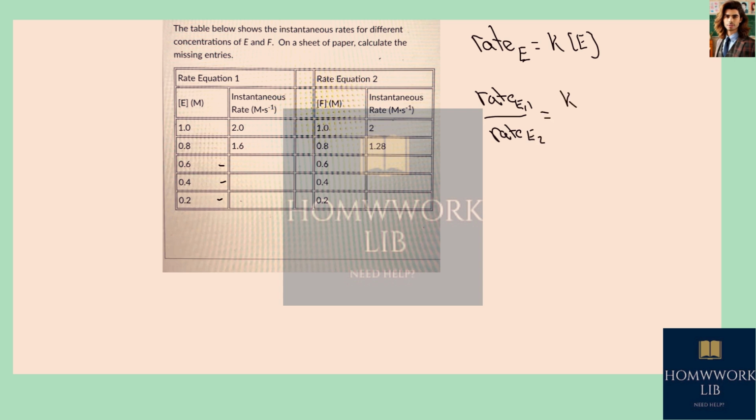This is going to be equal to K times the concentration of E elevated to the order of the reaction of E in experiment 1, divided by K times the concentration of E in the second experiment elevated to the order of the reaction. So the ratio of the rates, let's call it rate 1 and rate 2, is going to be equal to the concentration of E in the first experiment divided by the concentration of E in the second experiment, all of this elevated to the order with respect to E.